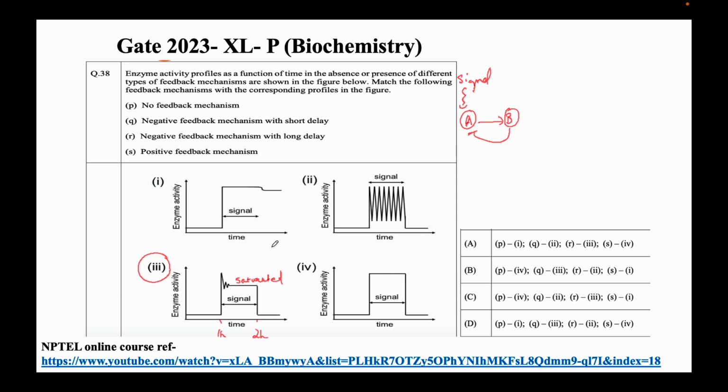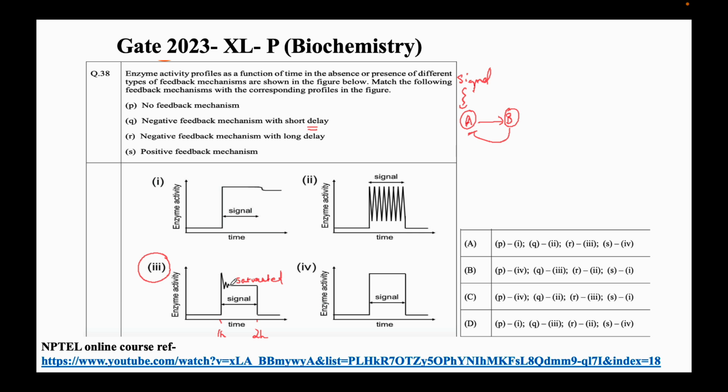So this type of behavior is seen in short delay. Why? The inhibition is very quick. That is why we are seeing a rapid decrease. We are seeing a decrease in the oscillation, and it is not again going back to its highest enzyme activity.